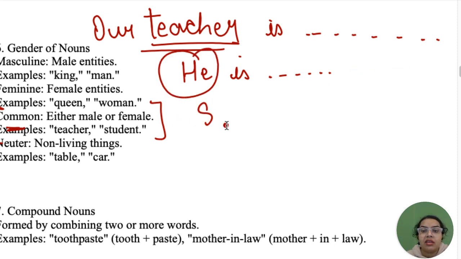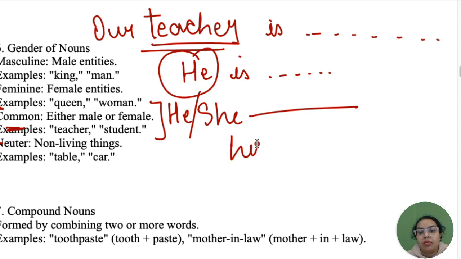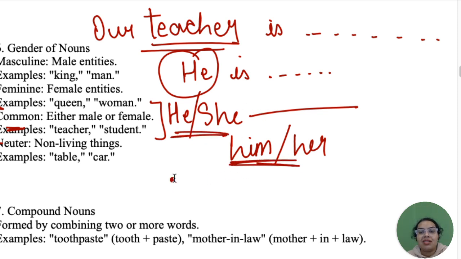You don't have to write he dash she, then write something, then again him dash her. Sometimes what we do is we consider a common gender noun masculine by default. It's not like we are being partial to anyone or there is a prejudice. It is not like that. It is just that sometimes the other way doesn't look good, even in your essays and so on.